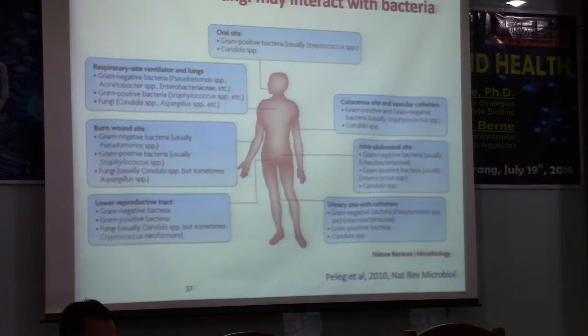Of course, the oral site with the oral cavity, the respiratory site, ventilator, lungs, the skin, the reproductive tract, etc. So a lot of different places. And depending on the places, the biofilm will include different species. They are not always different species, sometimes the same species.